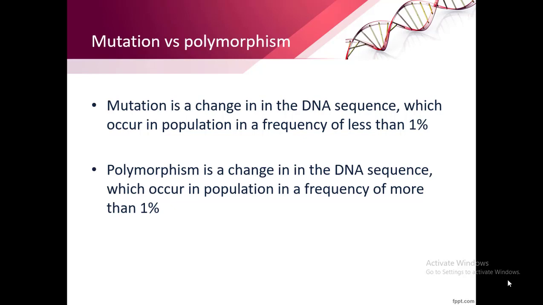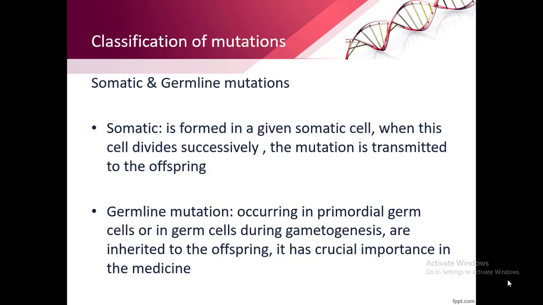A mutation is a change in the DNA sequence which occurs in the population at a frequency of less than 1%. If the change occurs more frequently than 1% in the general population, then it is most likely a polymorphism.